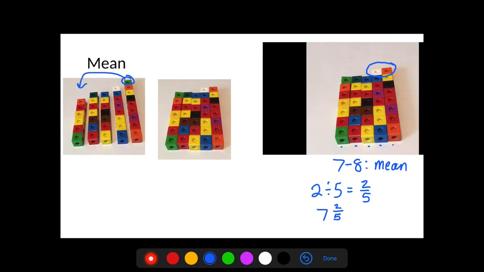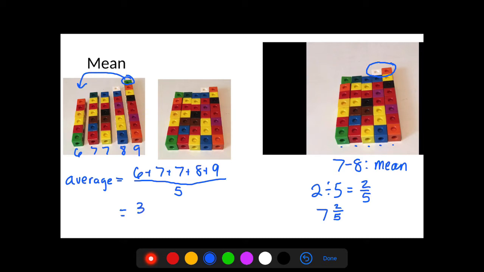So what I did was I took my tallest tower and moved a block to the shortest tower. If I had had more varied data, I could have repeated this process over and over until I had all towers the same height. I can also use a formula. So for the average formula, we take all of our data points and we add them up. And then we divide by the total number of data points. 5 data points, 5 towers.